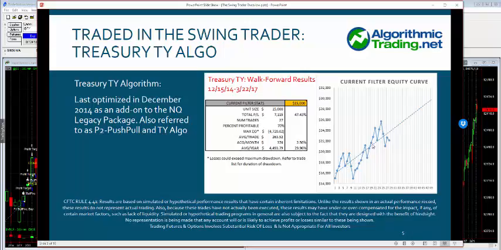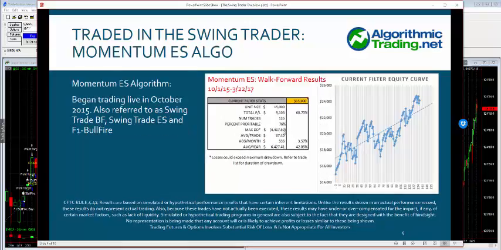So the fact that the S&P has gone higher and we're up on the 10-year in that period is really good. We would be happy if this was just break even, because we would have gains on the S&P side, on the momentum algorithm, because the market's going higher and this is a long ES algorithm. The odds are that we're going to do well in a bull market for sure on the ES algorithm.